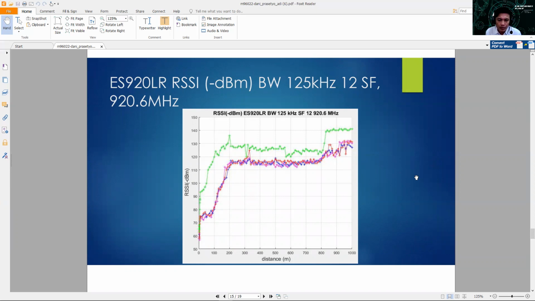This shows the attenuation from the transmitter to the receiver with different obstacles. Between 200 and 800 meters, the change is not significant. Why?